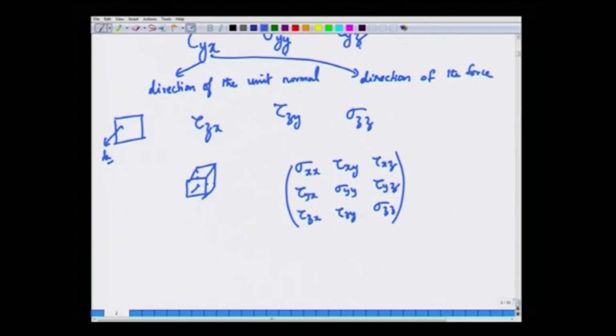So, this is an array of numbers that describe the state of stress on a cubic volume element with nicely defined surfaces along the 3 coordinate directions, namely x, y and z.